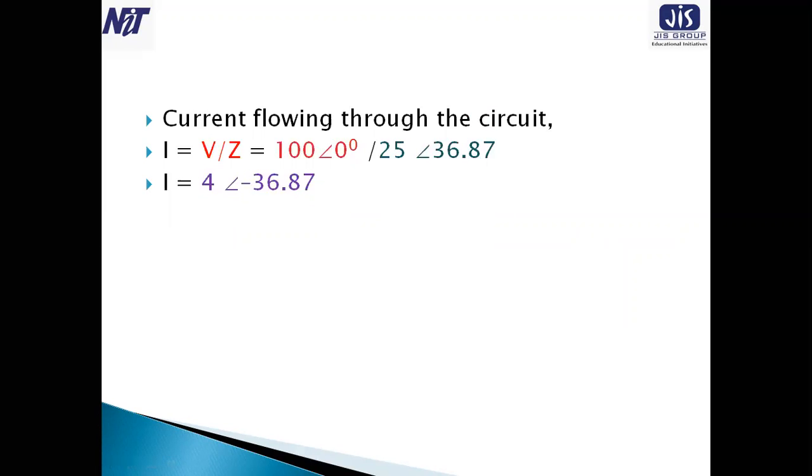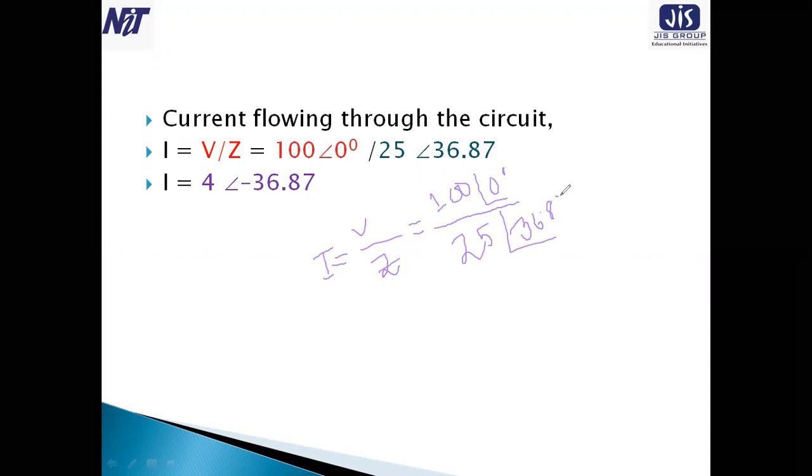Now we have to find the current flowing in the circuit. As per Ohm's law, we know that current I equals V divided by Z. V is given in the problem, that is 100 angle 0 degree, and Z we already calculated, this is 25 angle 36.87.